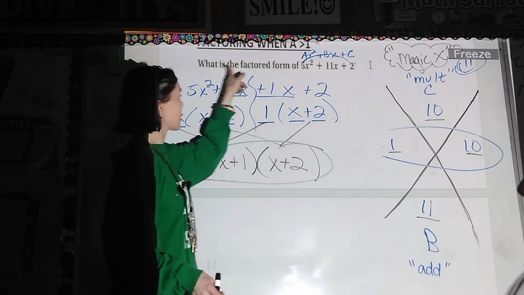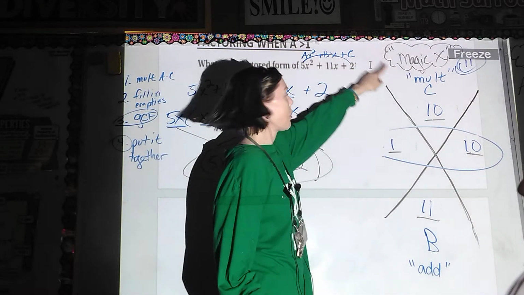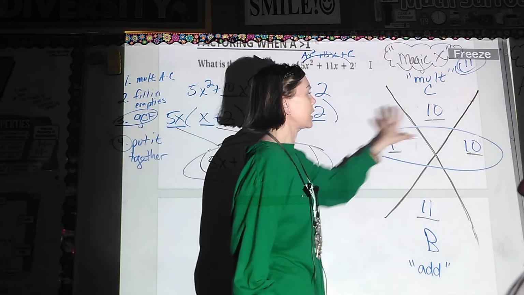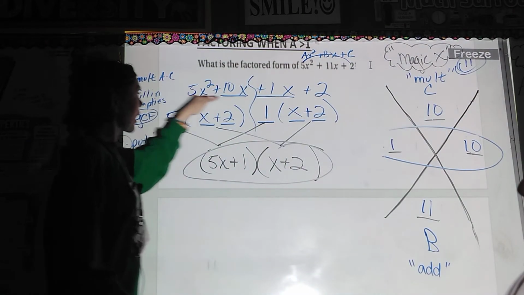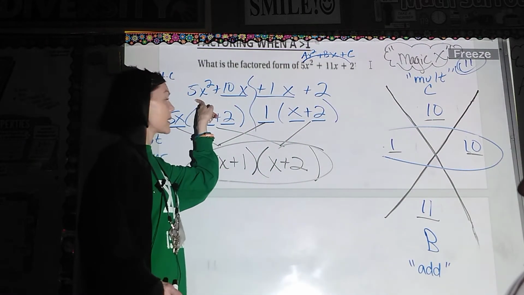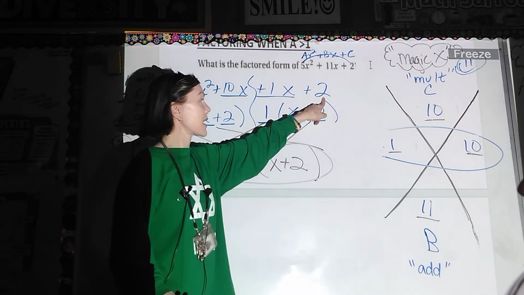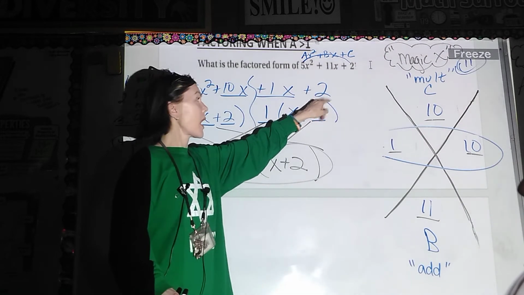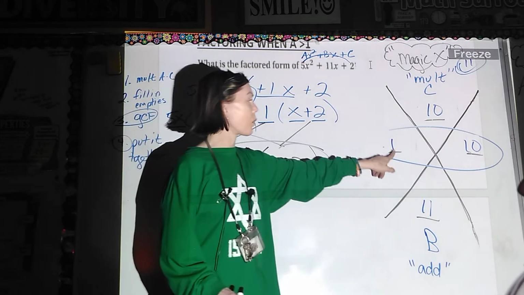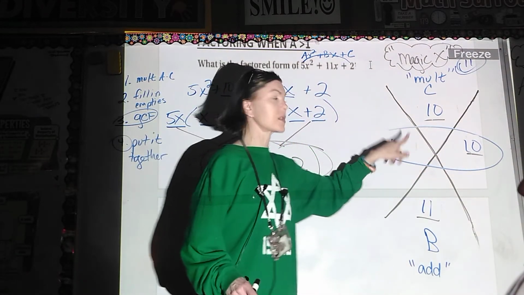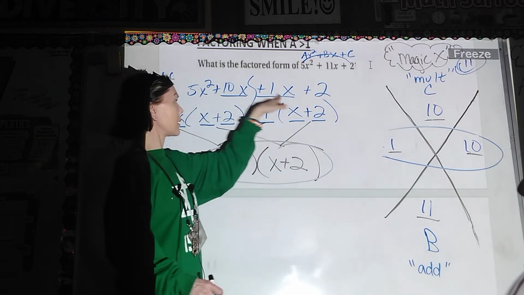Step 1 was multiply A times C, put it in the magic X, and fill in the rest of the magic X. Step 2 was we had to write the first term exactly the same way, and the last term exactly the same way. And we had to create two spaces so that we could put our two magic X numbers in here.